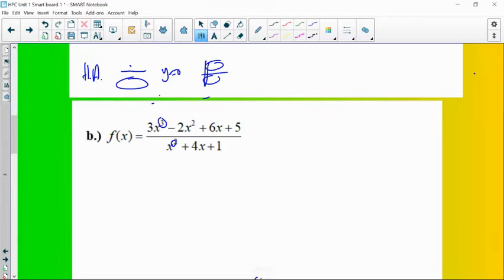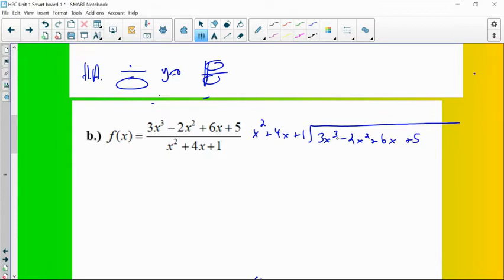So let's go ahead and do our long division, or maybe you've already done that. So we'll divide x squared plus 4x plus 1 into 3x cubed minus 2x squared plus 6x plus 5. Okay, so x squared dividing into 3x cubed is 3x times. So 3x times x squared is 3x cubed, plus 12x squared plus 3x.